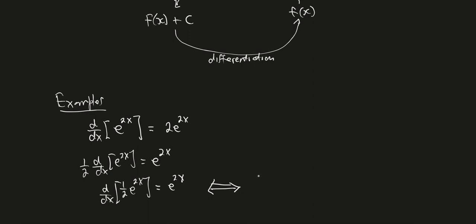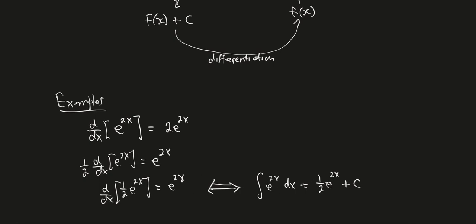That means the antiderivative of e to the 2x, this is now my little f, and inside the square brackets is my big F. So the antiderivative of e to the 2x dx is equal to 1/2 e to the 2x plus c, right?